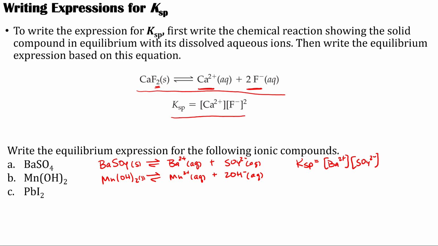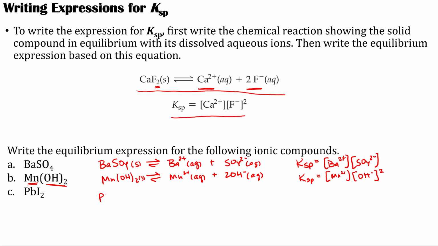And I know that this is 2+ because I have 2 hydroxides, and each hydroxide is -1. So all of this would be -2, and so this manganese has to be +2 because it's neutral. All right, so the Ksp is equal to manganese 2+ times hydroxide squared.